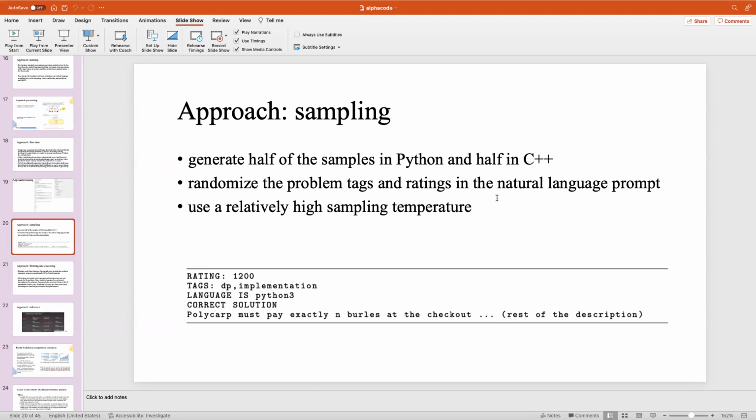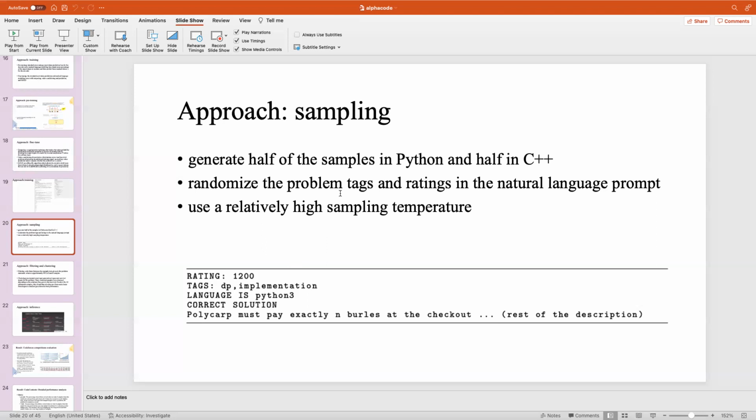So the generated solutions could be very diverse. They could be in different programming languages, and also could use different algorithms. They also claim they use a relatively high sampling temperature.